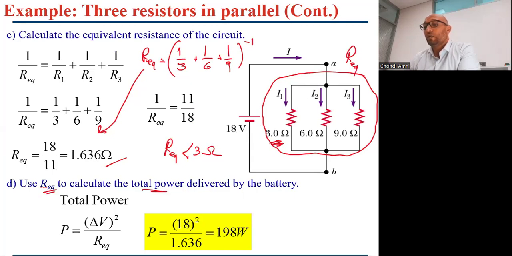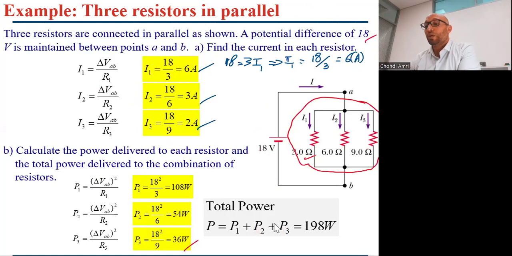So we can write 18 squared over 1.636 to get 198 watts. We can notice that the total power delivered to the circuit is equal to the total power consumed by the 3 resistors. Okay, so we have the same thing.